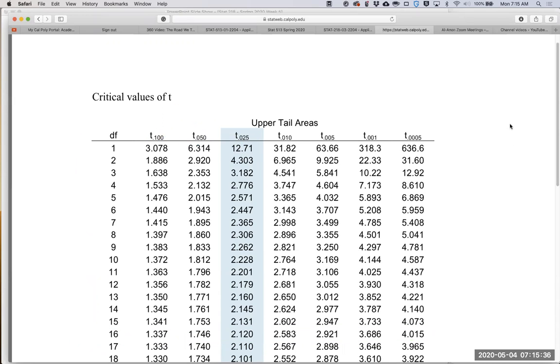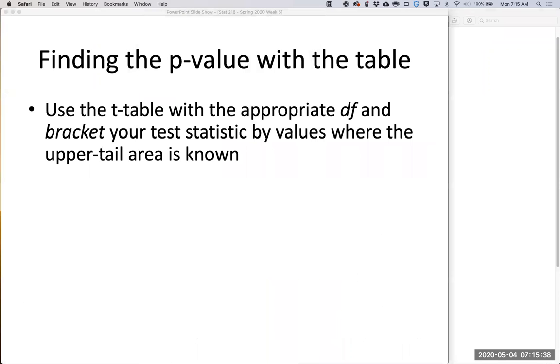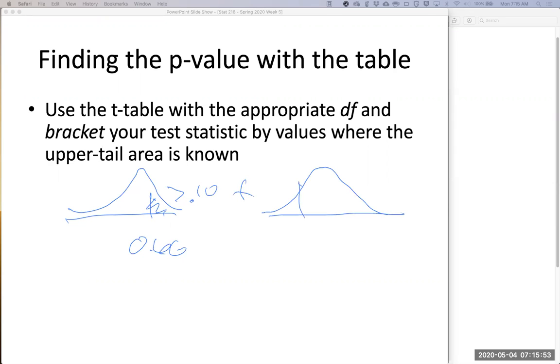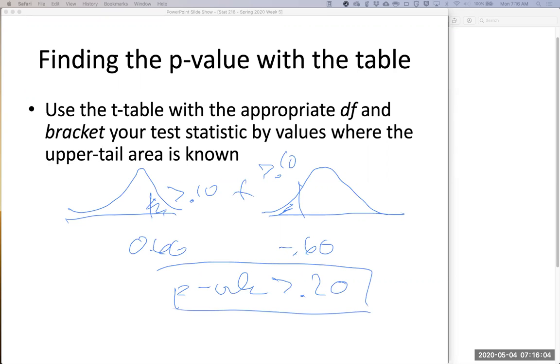But we need not just the upper tail area, we need the lower tail area too. We've got the upper tail area above a 0.66, which is greater than 0.10, and we add the area below a negative 0.66, which is also greater than 0.10. So our p-value is greater than 0.20. Not so bad.